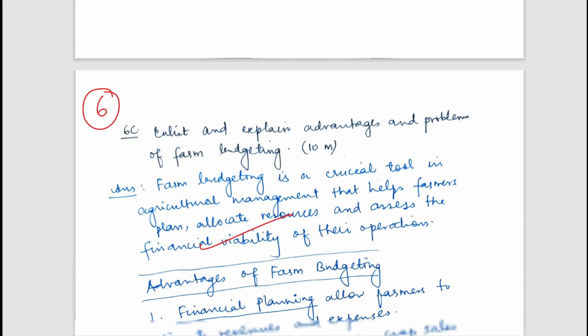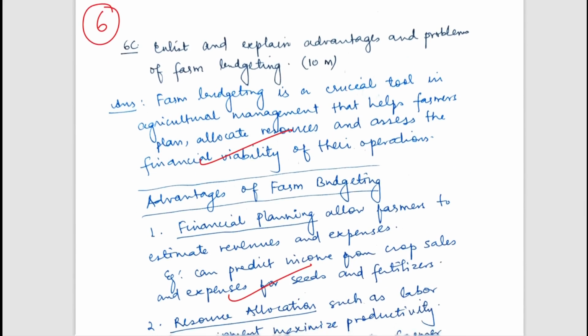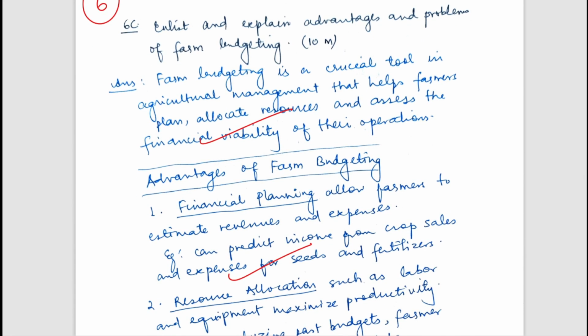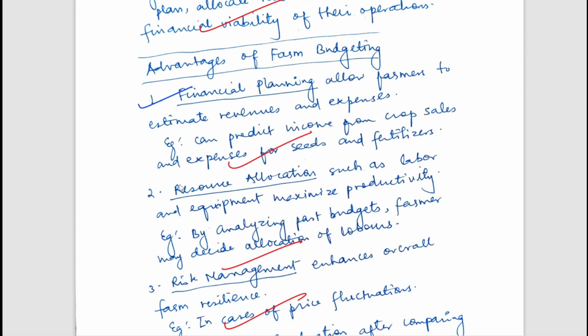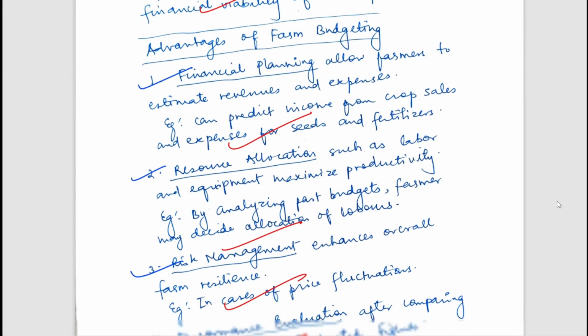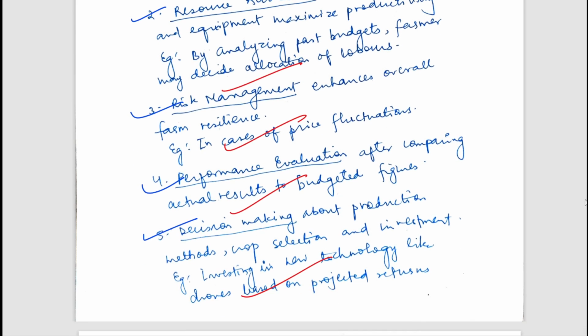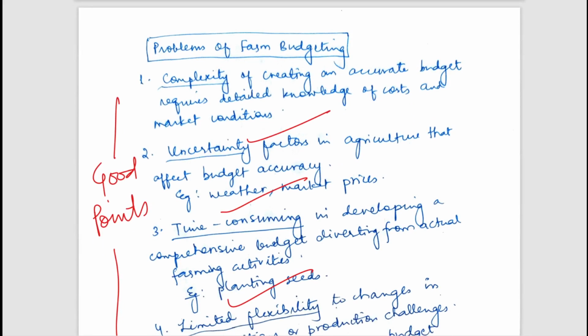Now, the next question, and probably the last question of this video, is: enlist and explain the advantages and problems of farm budgeting. So, what are the advantages? Financial planning, resource allocation, risk management, performance evaluation, and decision making can be done. You can simply pause and read it. Now, what are the problems?